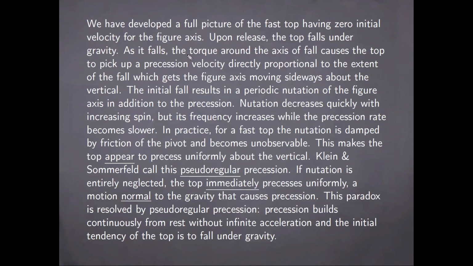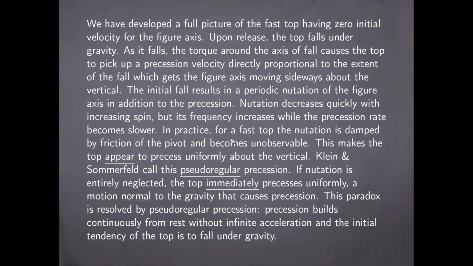As it falls, the torque around the axis of fall causes the top to pick up a precession velocity directly proportional to the extent of the fall, which gets the figure axis moving sideways about the vertical. The initial fall results in a periodic nutation of the figure axis in addition to the precession. Nutation decreases quickly with increasing spin, but its frequency increases while the precession rate becomes slower.